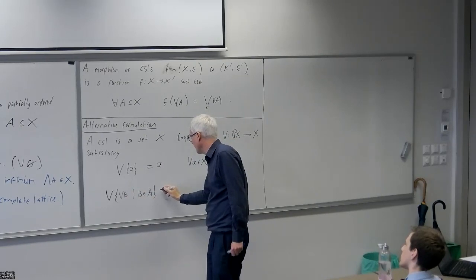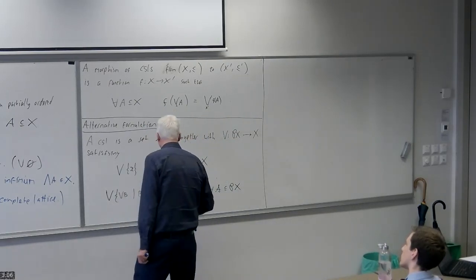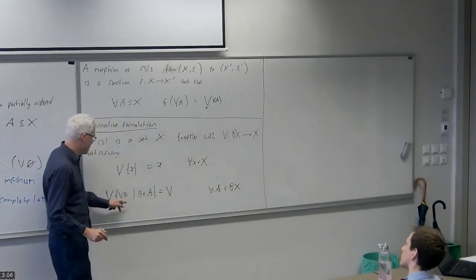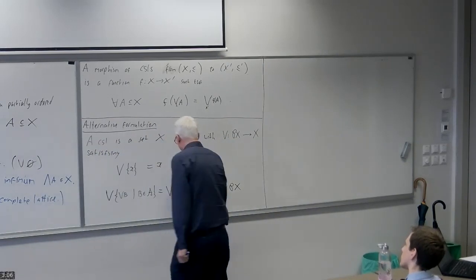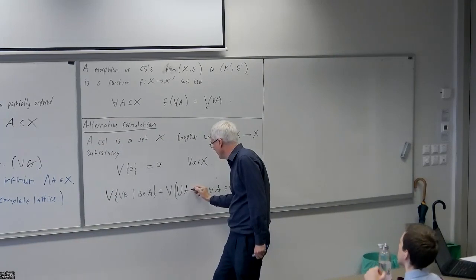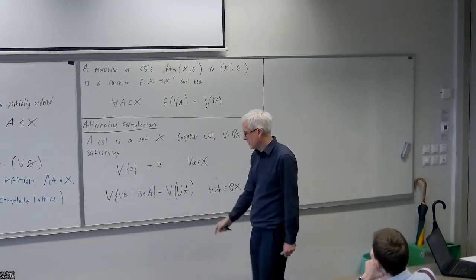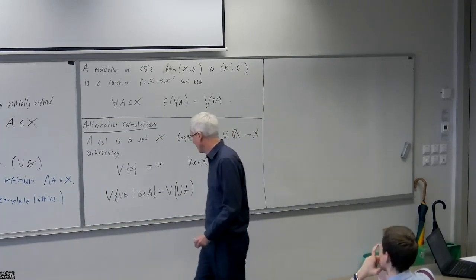That's the same thing as what we get by taking the join of the single subset we get from unioning together all the subsets in A. So the join applied to the union of A. So this is we take a family of sets and we union them all together.